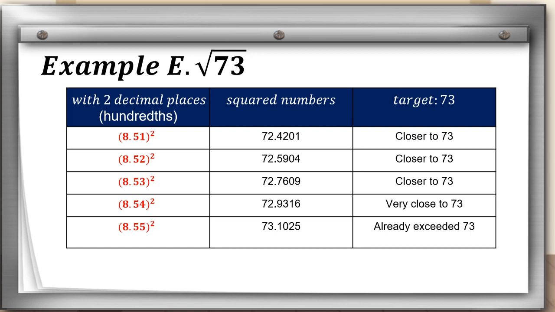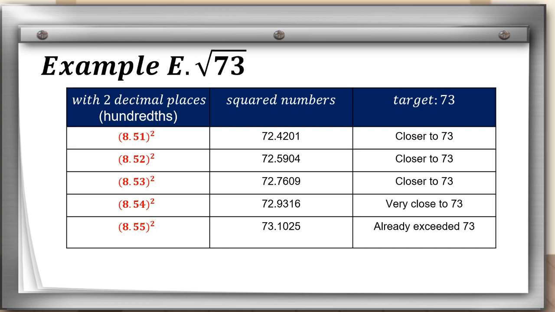Next, 8.53 squared, which is 72.7609, and again, that is closer to 73. 8.54 squared, which is 72.9316, and that is very close to 73. And lastly, 8.55 squared, which is 73.1025, which already exceeded 73.